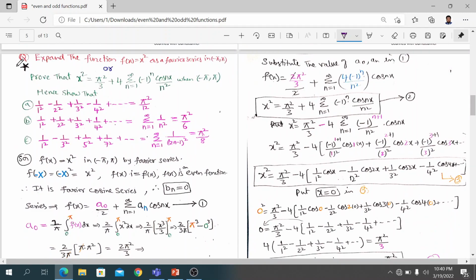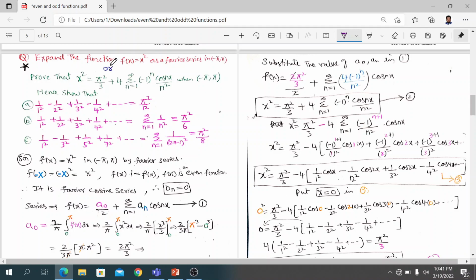Now this is a very important question. Expand the function f of x is equal to x square as a Fourier series in minus pi to plus pi.